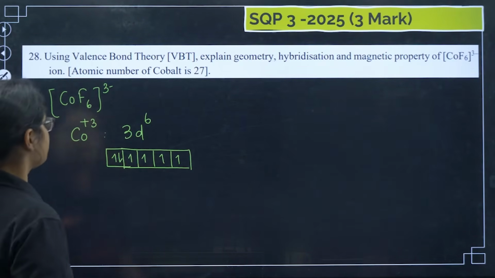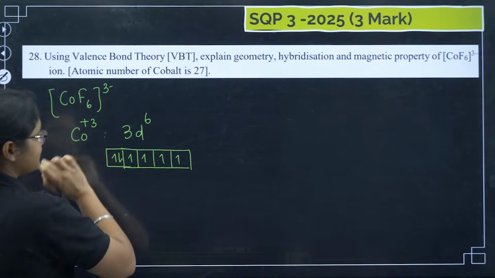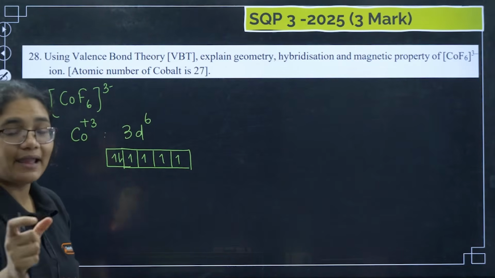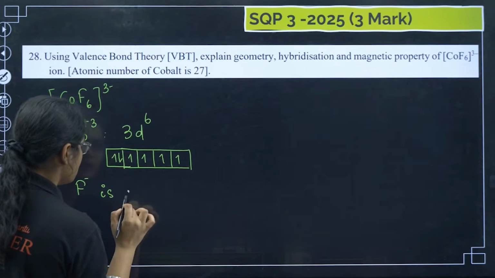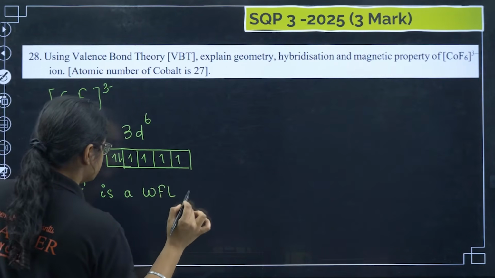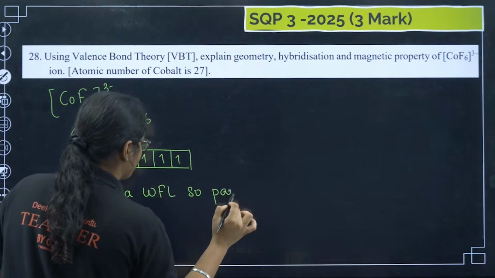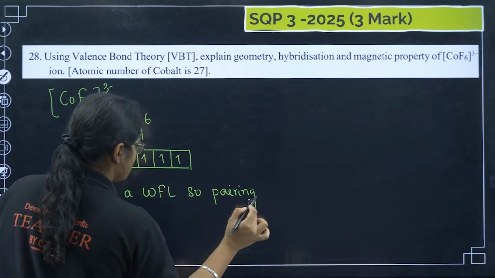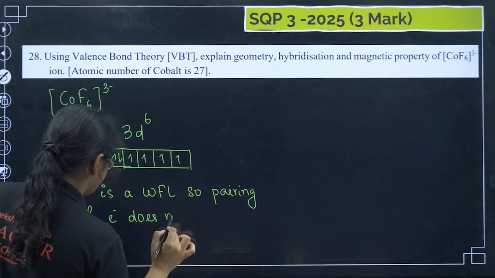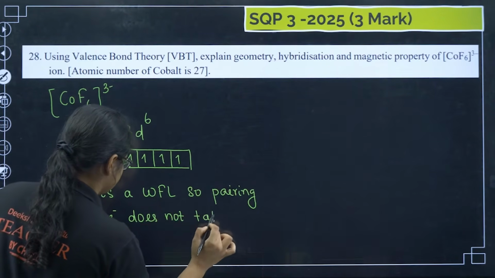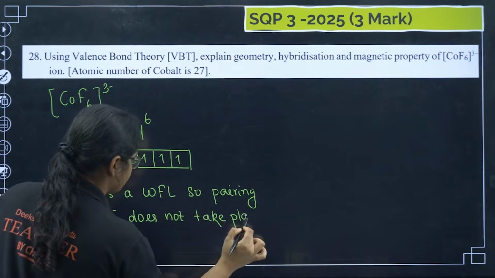Now what we can do, you know that there are 6 ligands, right? I need 6 empty orbitals. So here you can write fluorine minus is a weak field ligand, so pairing of electrons does not take place. Okay, this you have to mention.